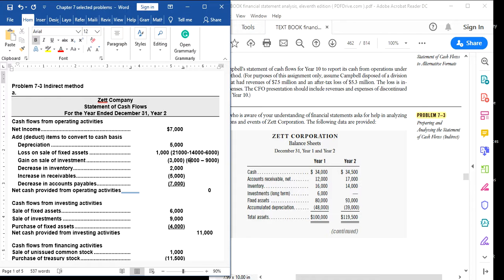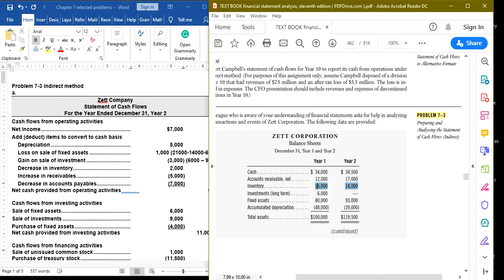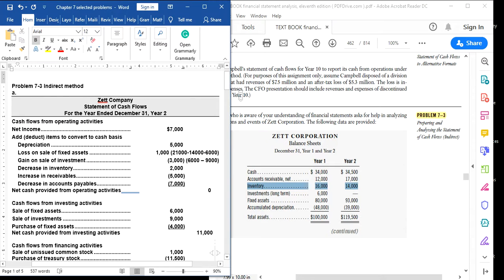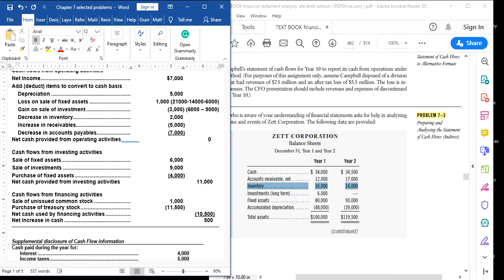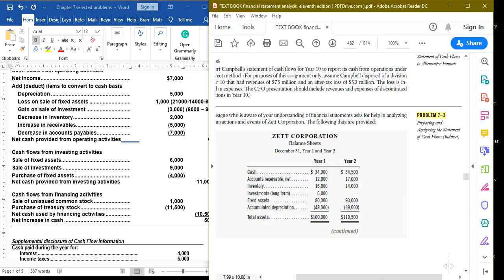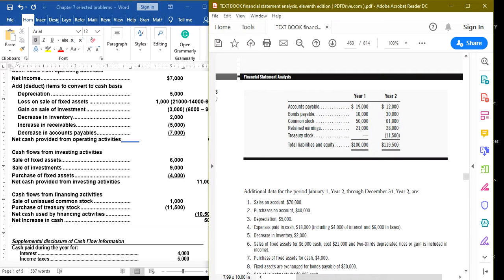Inventory is given here, so we have a $2,000 decrease, the difference between year 1 and year 2. Okay, $2,000 decreased from year 1 to year 2. Okay, then what else do we have? Increase in receivables by $5,000.